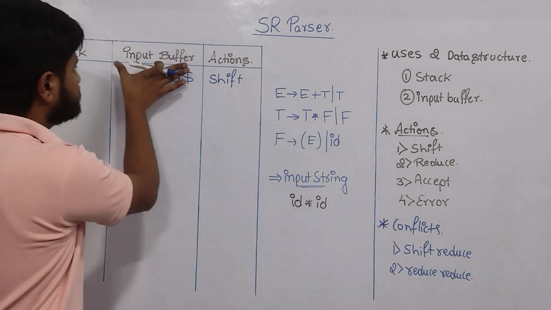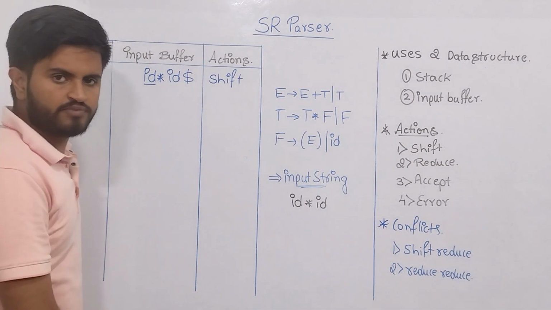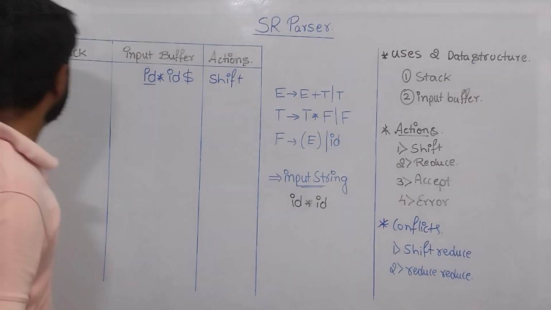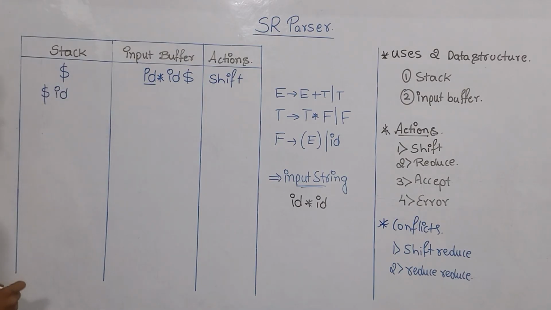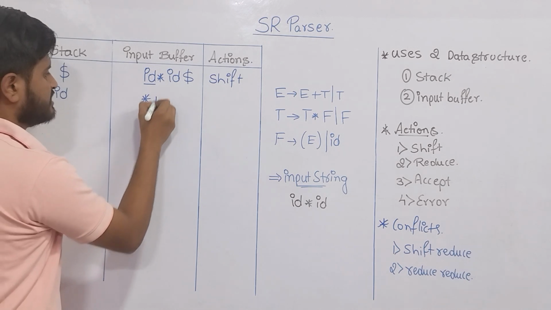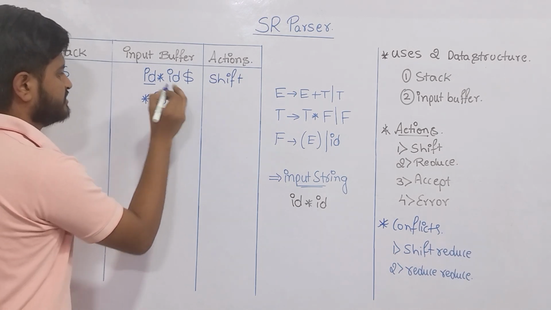At the end, all the elements will be emptied, only dollar will be left in the input buffer column. Now id is shifted here. The elements left are star, id and dollar.